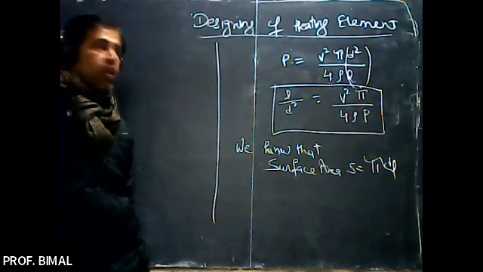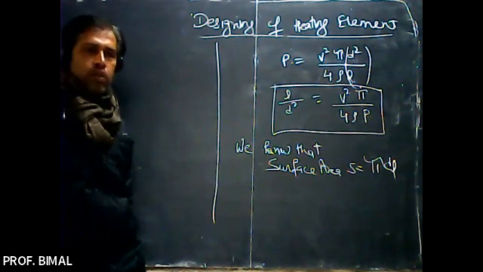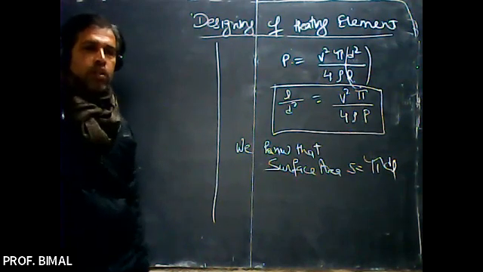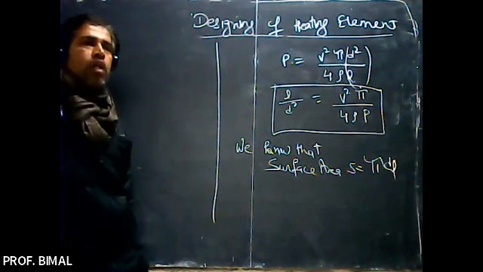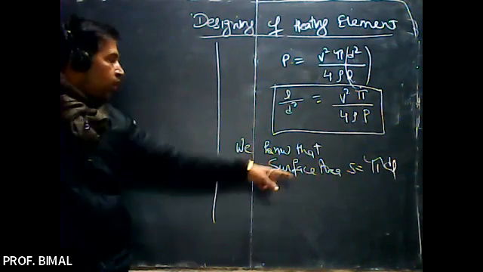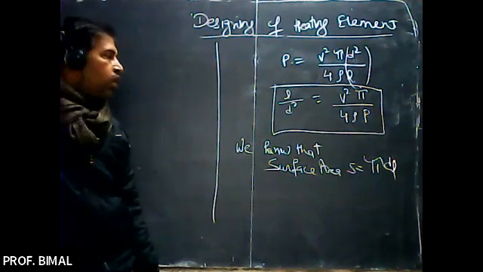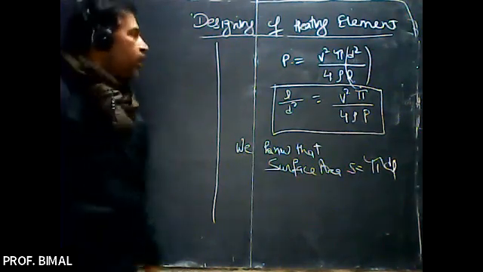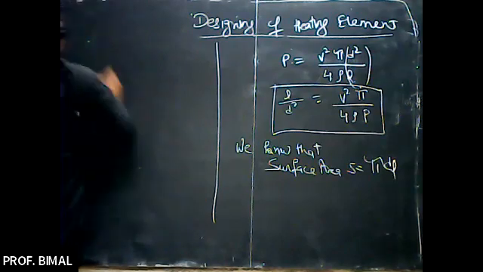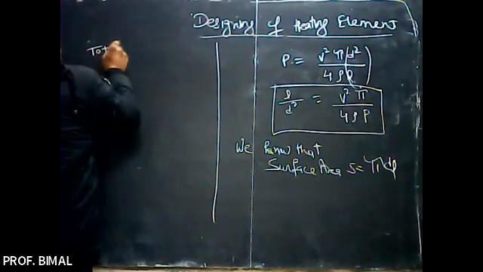That means that is the heat dissipated by the element per unit area, and this is the total area, right? Total surface area will be pi dl. So what will be the total heat dissipated?